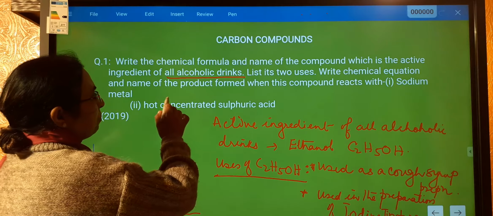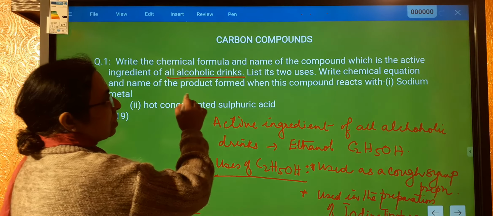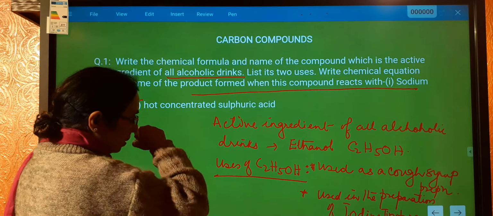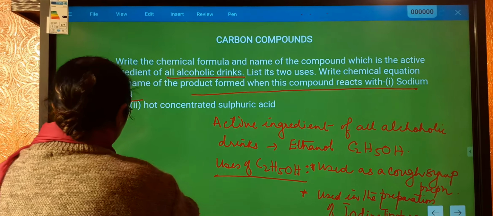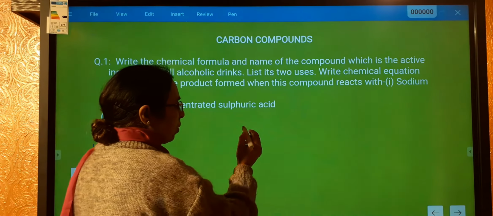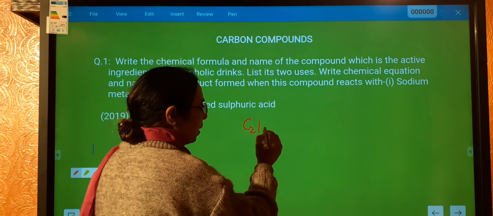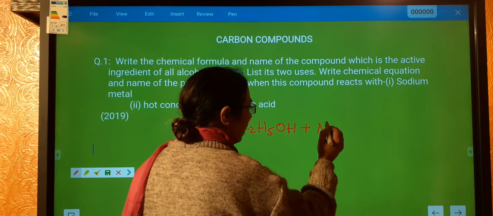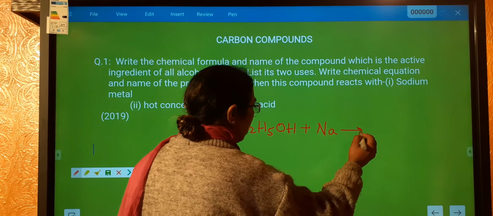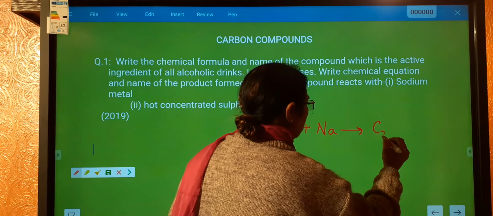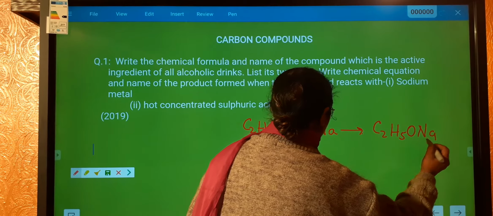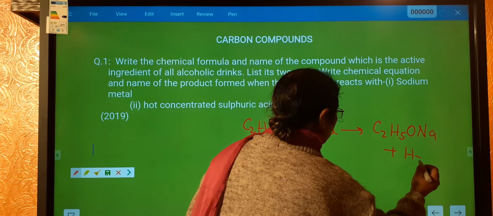Then the name of the product formed when this compound reacts with sodium metal. When C2H5OH reacts with sodium metal, what is formed? C2H5ONa plus H2.